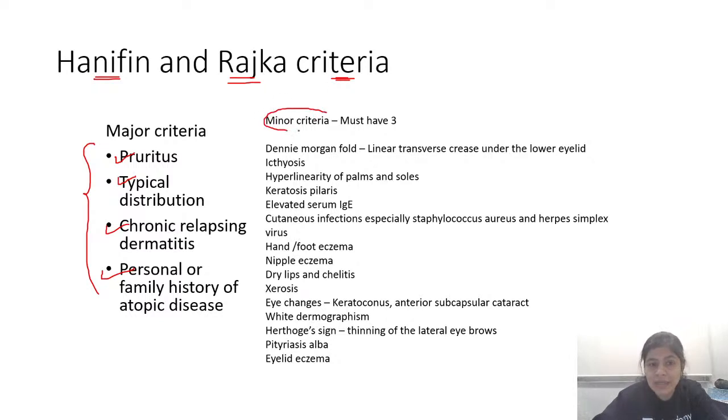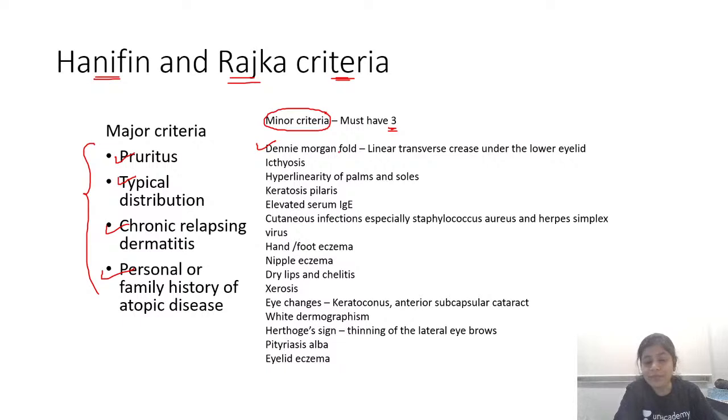There are 3 minor criteria which should be present. The minor criteria include the Dennie-Morgan fold. What is Dennie-Morgan fold? When children have atopic dermatitis, they also tend to have a lot of dryness around the eyelid and in the periorbital area.